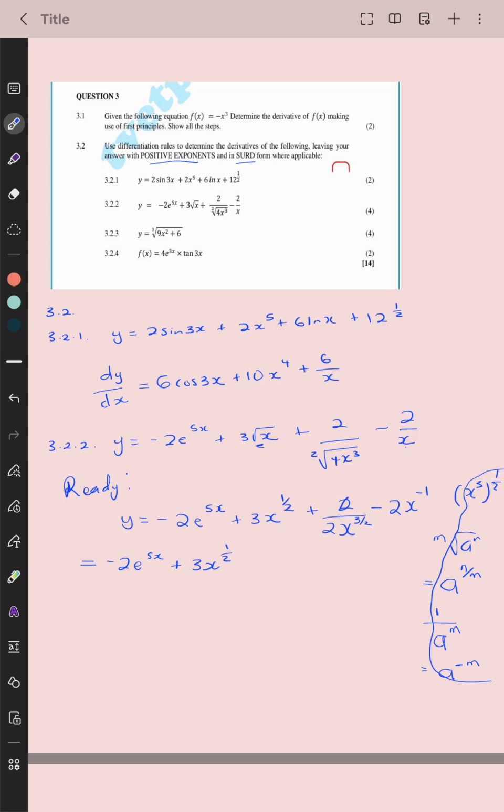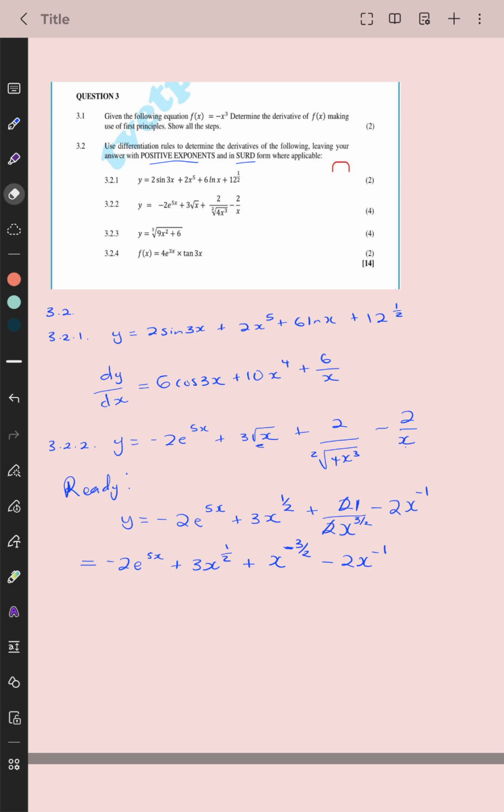This one you have 2 and 2, so this is gone, meaning you have 1 here. Then you are going to have x exponent -3 over 2 minus 2x power -1. This one is ready. Now we are differentiation ready.